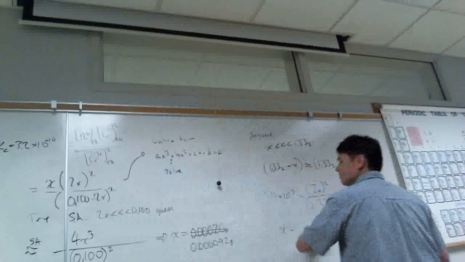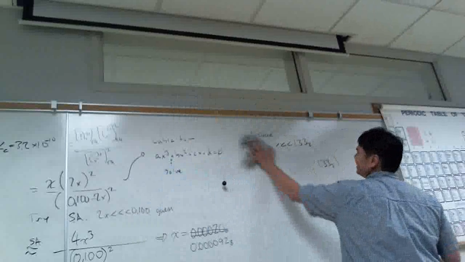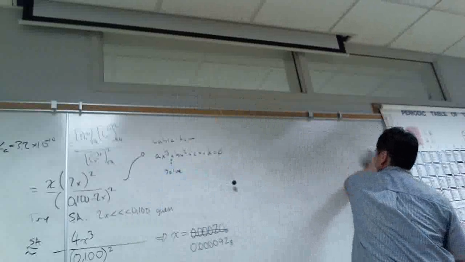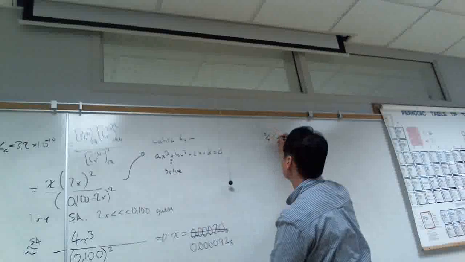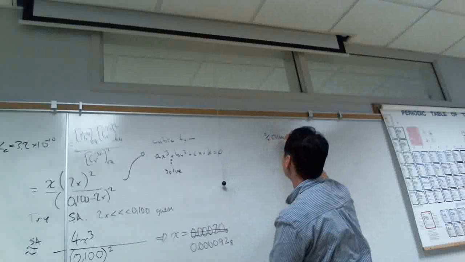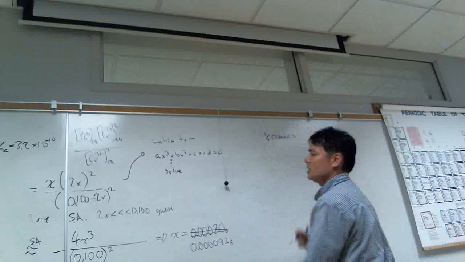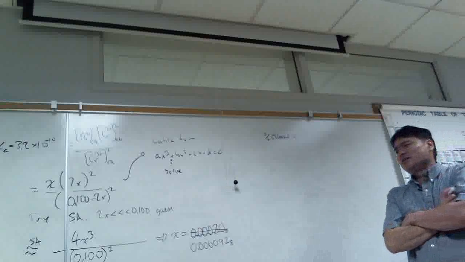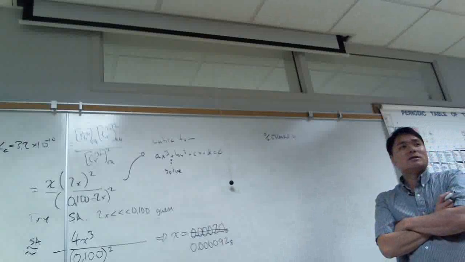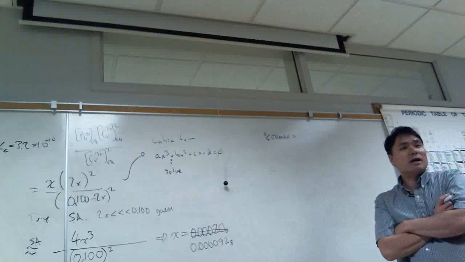How do we justify the assumption? We calculate the percent change. What is the percent change going to equal in this case? It'll be equal to the change. What is the change? X or 2x?